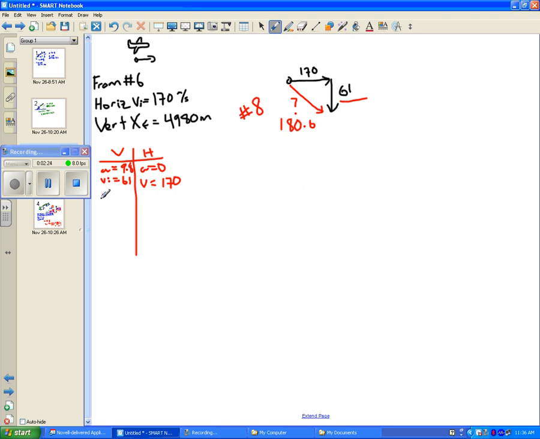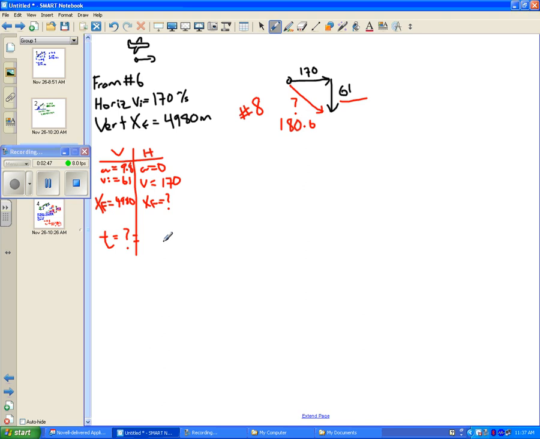Alright. XF is the height. Vertical, it was 4980. Horizontal is what we're looking for. T equals question mark. And it's going to be equal.